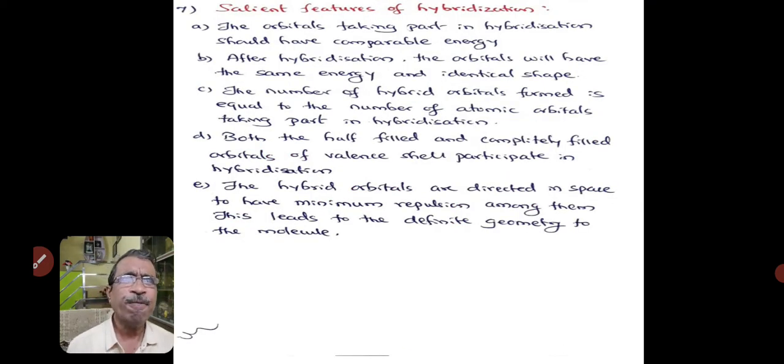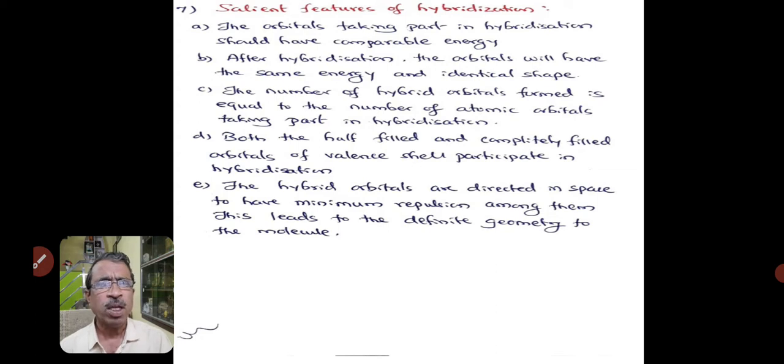Coming to the salient features of hybridization. Number 1, the orbitals taking part in hybridization should have comparable energy. 2, after hybridization, the orbitals will have the same energy and identical shape. Third, the number of hybrid orbitals formed is equal to the number of atomic orbitals taking part in hybridization.